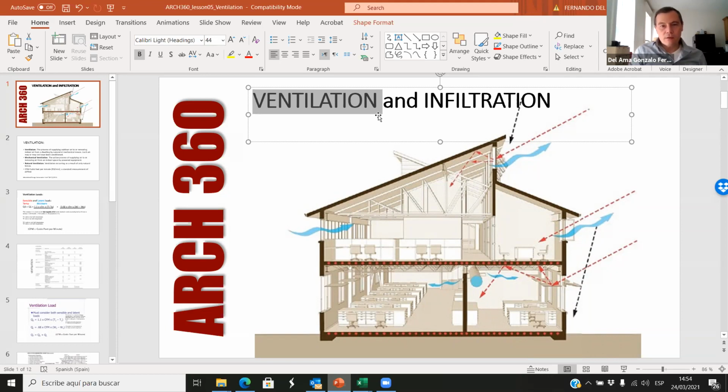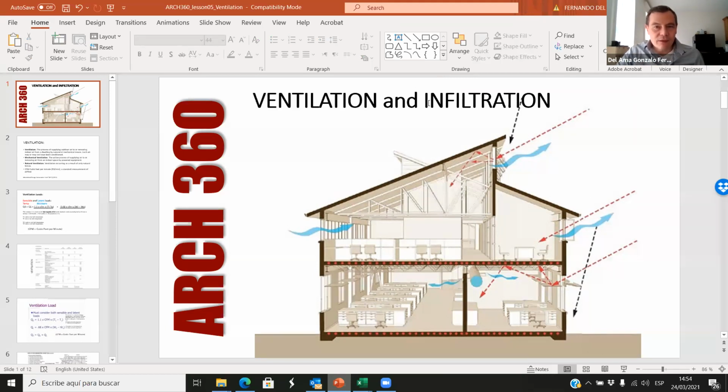With a mechanical ventilation system, we control the ventilation rate, we control the CFM, we control the speed, we control the velocity of the air. That happens in a mechanical system, whereas just by opening windows, we can only partly control the amount of air that is entering the building. But infiltration is the air that we are not controlling.